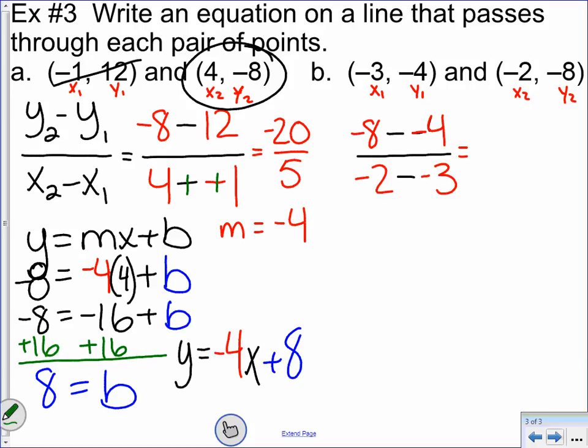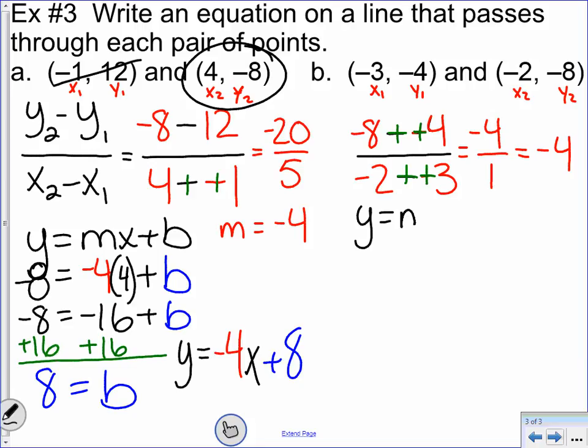Remember, when you have some double negatives, those will become pluses. So negative 8 plus 4 is negative 4, and negative 2 plus 3 is positive 1. So my slope is negative 4.